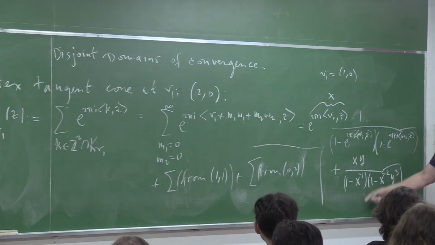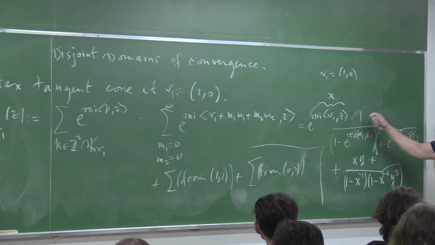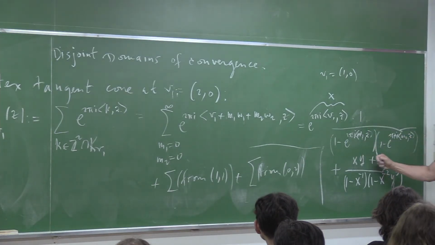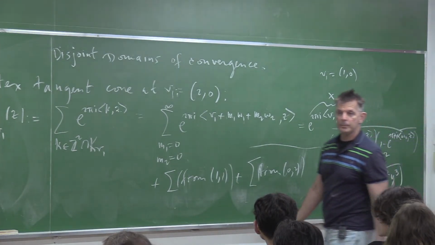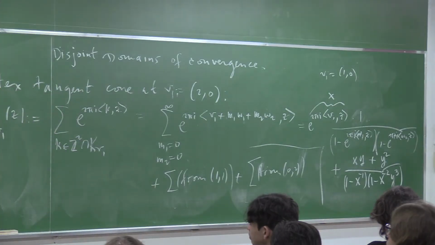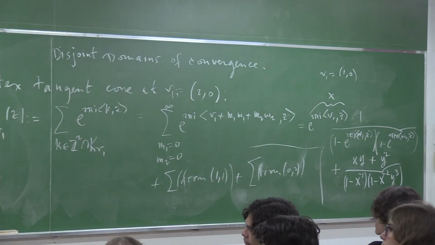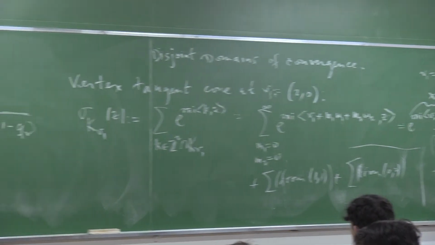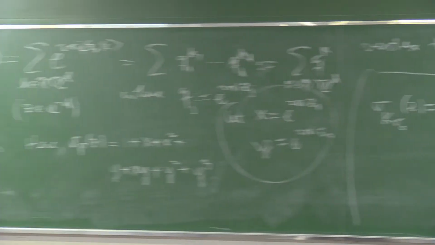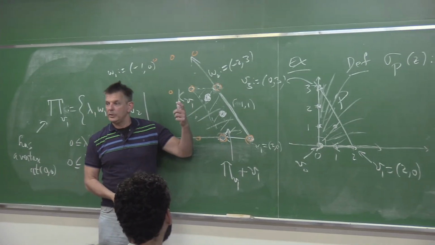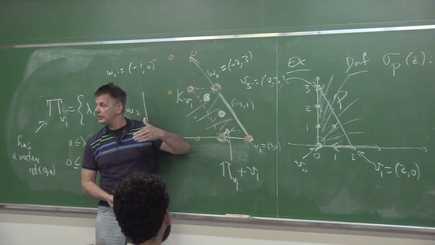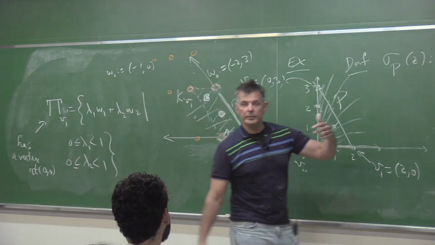And there's a third one that comes from 0, comma 2, and that's the third contribution. The third contribution comes from y squared because it's 0, comma 2. So the 0, comma 2 contribution comes from this point here. The 1, 1 contribution comes from this, and the 2, 0 contribution comes from this. And each contribution gives you one monomial times a product of 2 geometric series. Okay, so far so good?